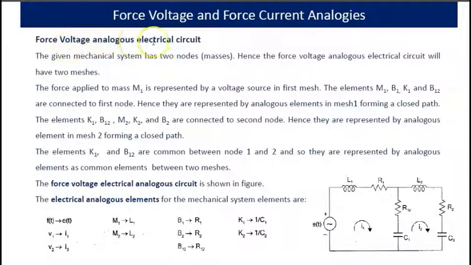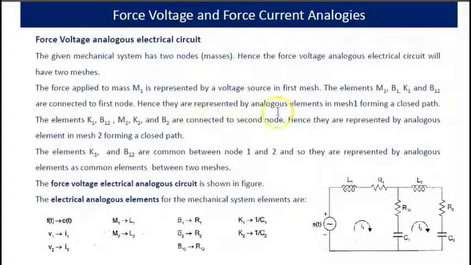For force voltage analogous electrical circuit, the given mechanical system has two nodes. Hence, the force voltage analogous electrical circuit will have two meshes. The force applied to mass M1 is represented by the voltage source in first mesh. Elements M1, B1, K1 and B12 are connected to first node.